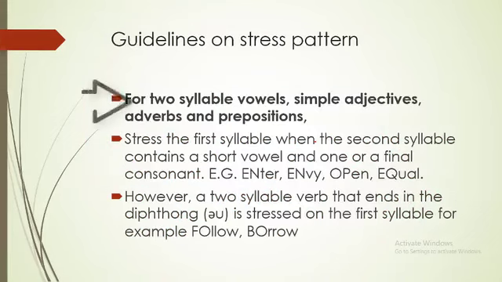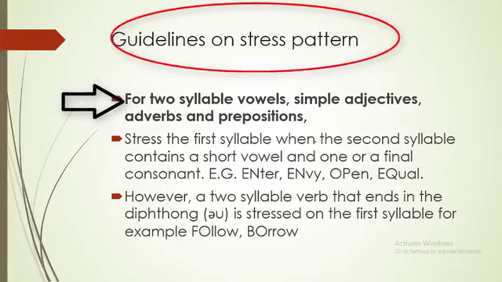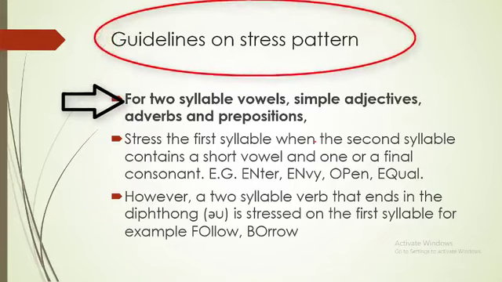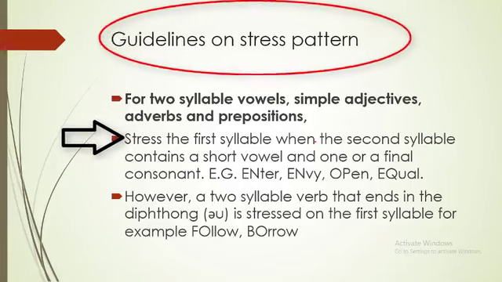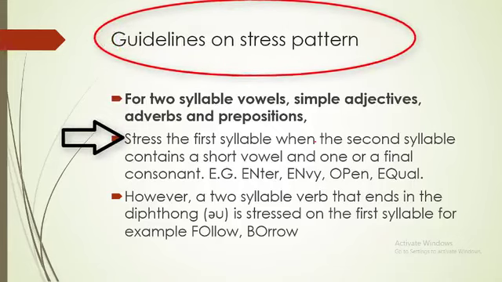For two-syllable words, most times they are either simple adjectives, adverbs, or prepositions. We stress the first syllable when the second syllable contains a short vowel or ends in a consonant. For instance, enter.